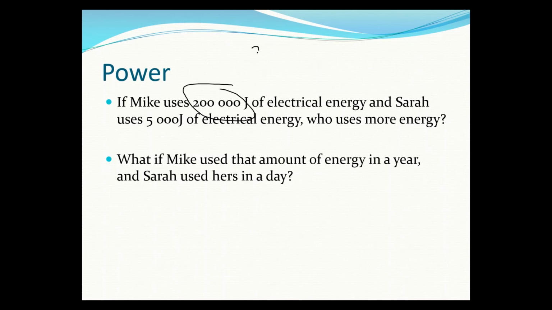Because if Mike uses 200,000 joules in 365 days in a year, while Sarah uses 5,000 in one day, well, we'd have to take Mike's and divide it by 365.